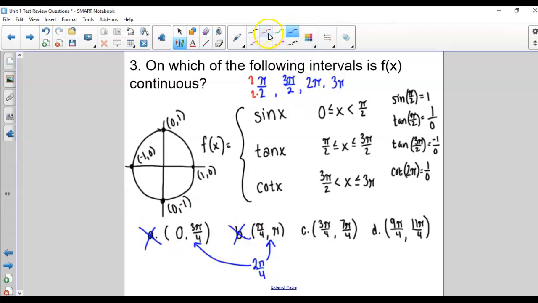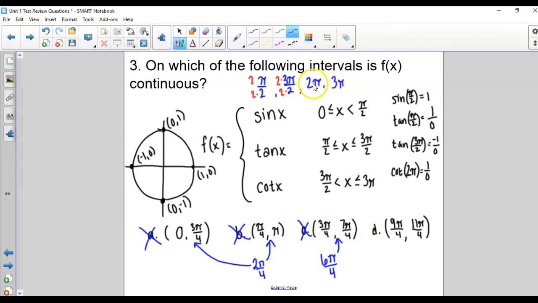3 pi over 2, if we got common denominators here with all those 4s, that gives us 6 pi over 4, and that falls in this range, so that one is out.